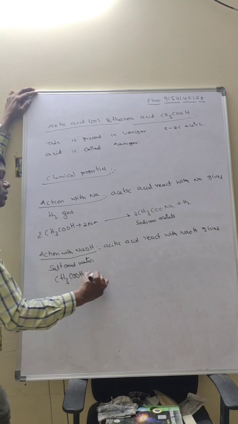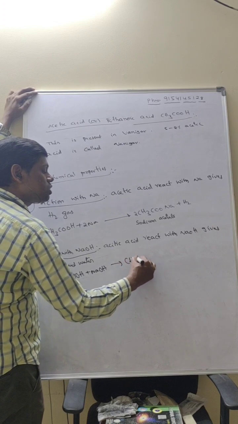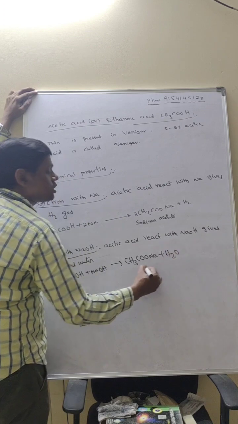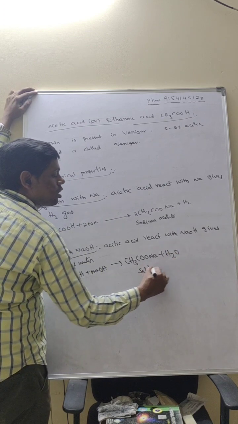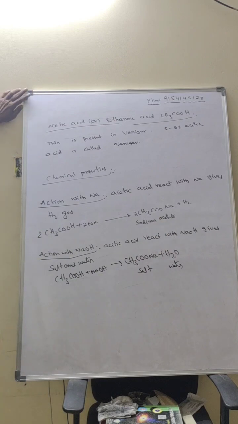CH3COOH plus NaOH gives rise to sodium acetate salt, CH3COONa, plus H2O. This is salt, this is water. This is called a neutralization reaction.